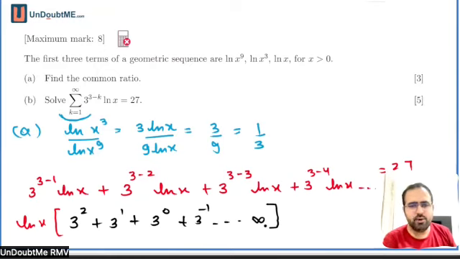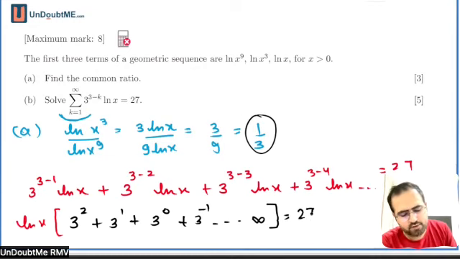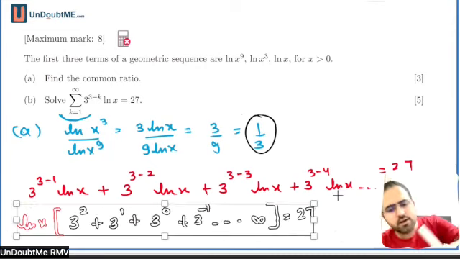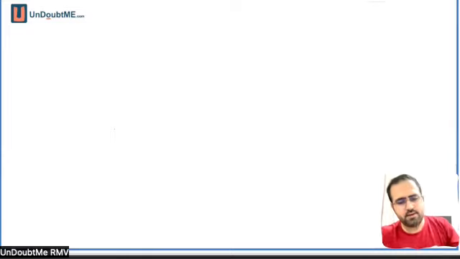So it is quite easy to understand that this is an infinite geometric sequence whose first term is 3 squared. The common ratio we have already obtained, it is 1 by 3, and it is going till infinity. So we can use the formula for the sum of infinite terms of a geometric sequence.